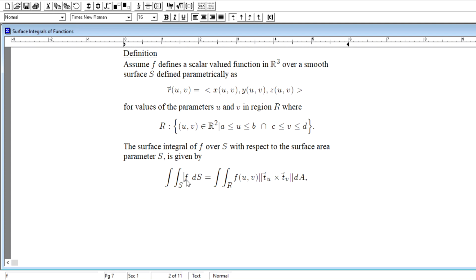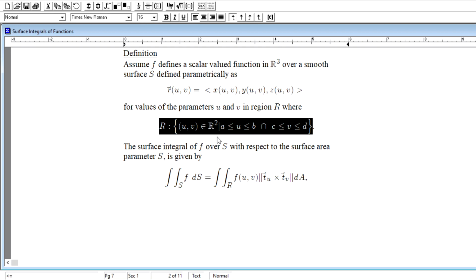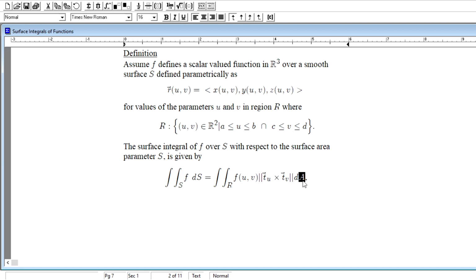And when this is applied to the scalar valued function little f, this can be translated into what would be considered a double integral operation that occurs over this region described by R and happens with respect to the area of R. And this is done by transforming that scalar valued function f, as the integrand in this surface integral operation highlighted here, into this integral seen here, where this integral is a product.